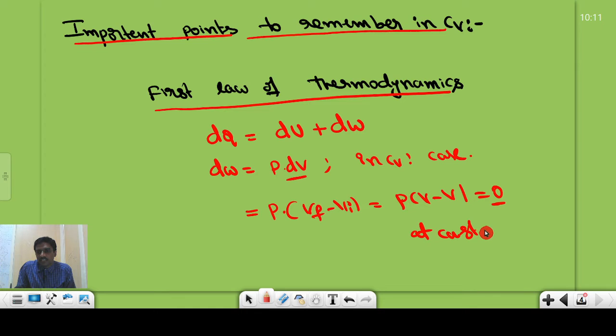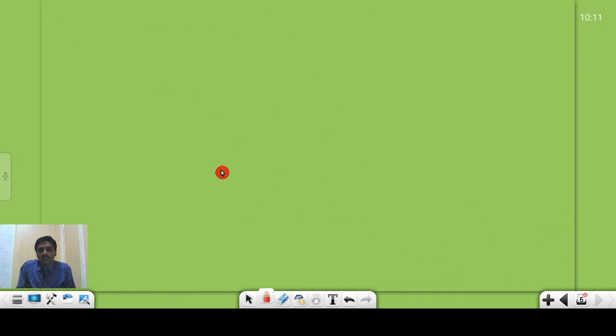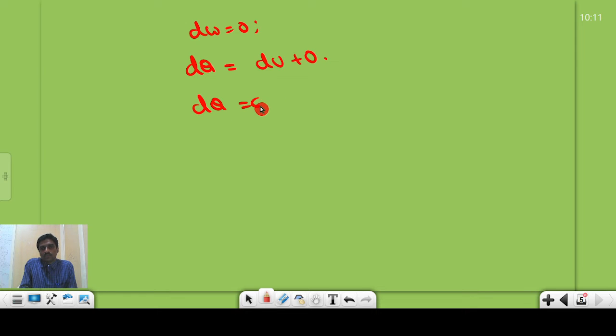Then in the first law of thermodynamics, dW is going to be 0, so dQ is equal to dU plus 0, then dQ is equal to dU. The conclusion we observe in this situation is that at constant volume the amount of heat supplied to the system is utilized only for the change in internal energy of the system.